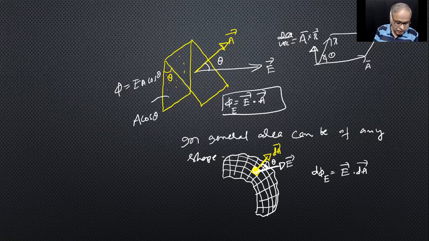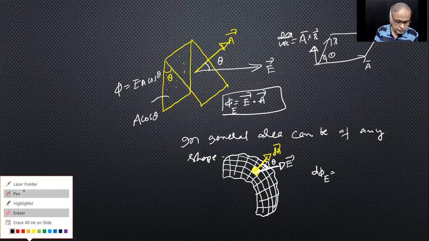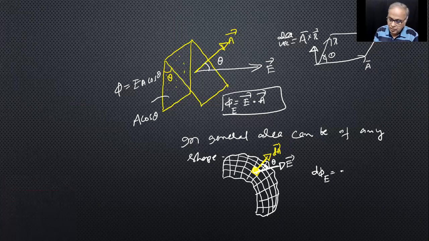In fact, it is actually going to be like this. You take the component of area along E, or you might even say component of E along area. Doesn't matter.